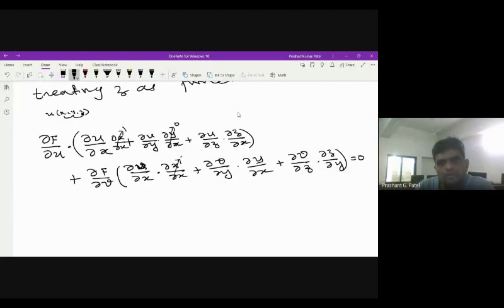Here, this will tend to 1, this will tend to 0, and this will be p and this is q.